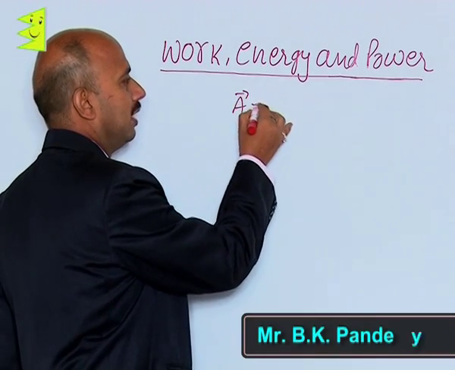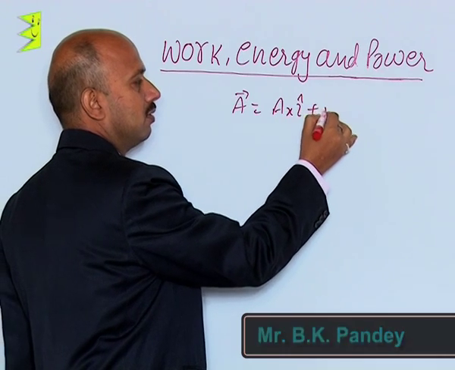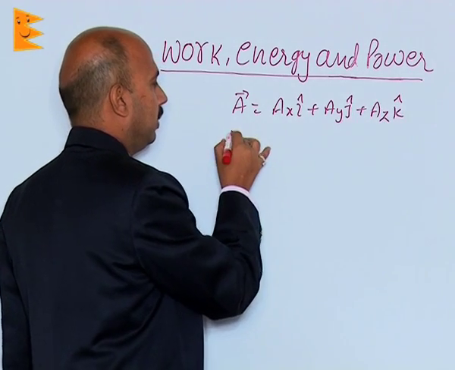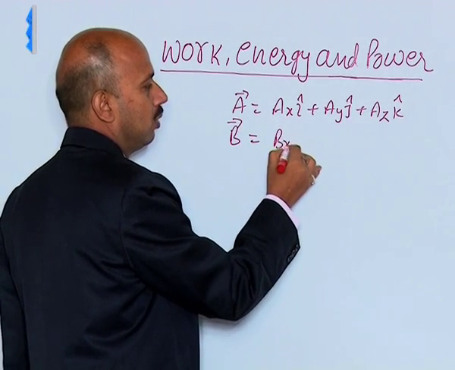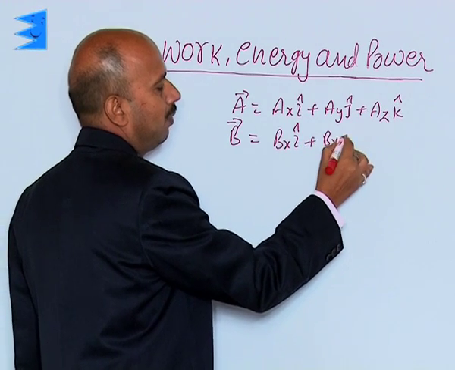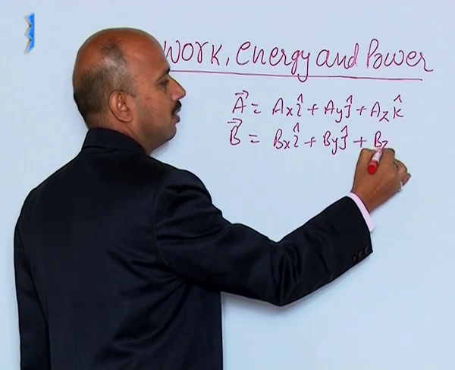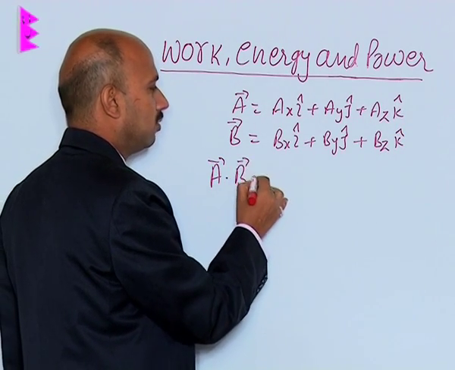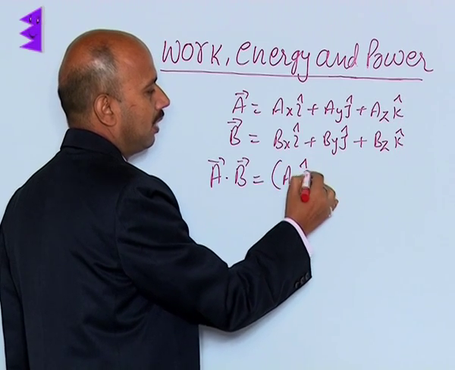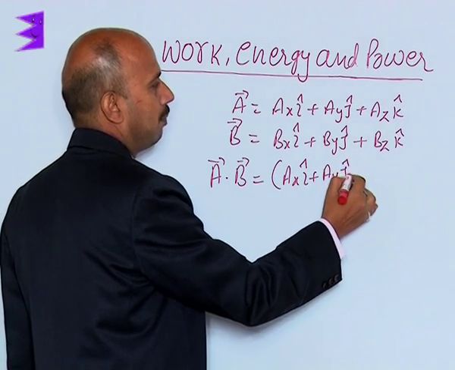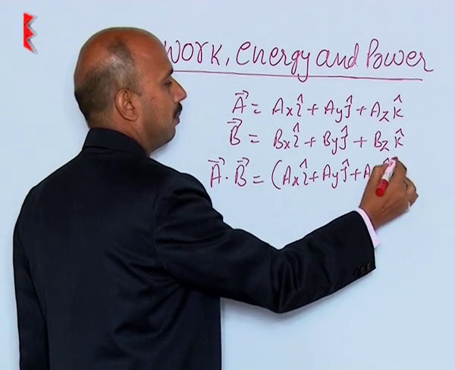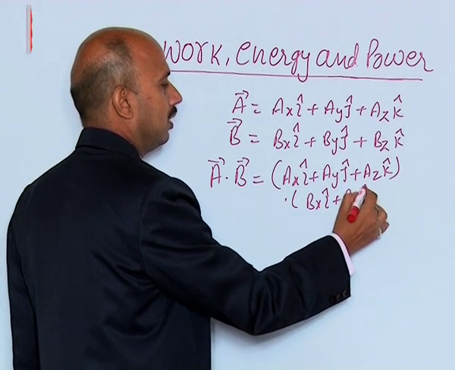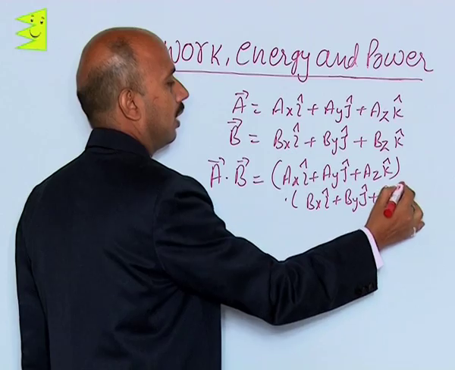Suppose you have vector A equal to Ax i cap plus Ay j cap plus Az k cap. Similarly, vector B is equal to Bx i cap plus By j cap plus Bz k cap. Taking the dot product of these two, you write Ax i cap plus Ay j cap plus Az k cap dot Bx i cap plus By j cap plus Bz k cap.